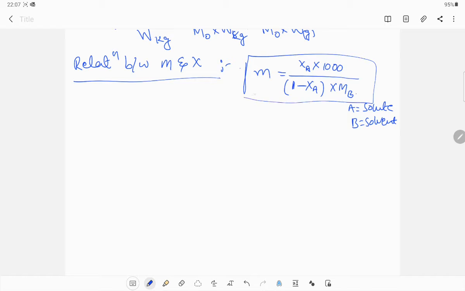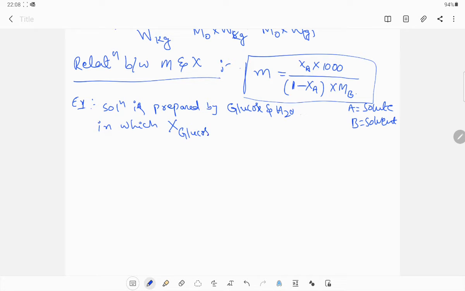We will derive it by taking one real example. See, one example I am taking here. Solution is prepared by glucose and water, in which mole fraction of glucose is 0.2.